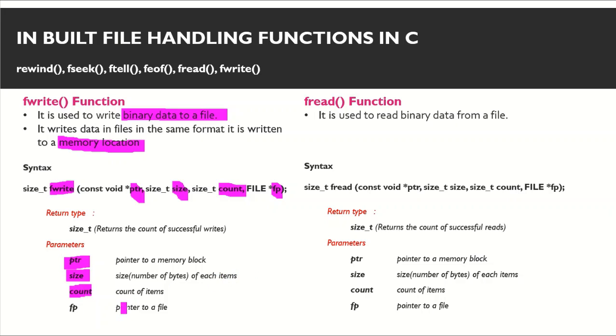Count is the count of items, or the number of items. fp is the pointer to the file. We will understand the usage of these parameters with the examples. The function's return type is size_t, that is, it returns the count of successful writes.